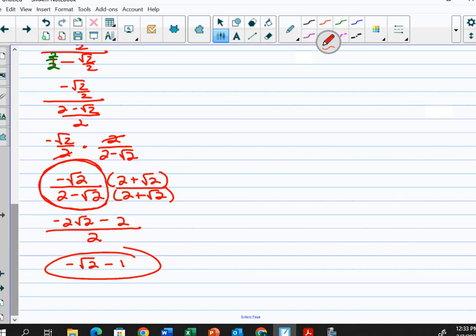I'm going to go through the other ways too. Did anybody use the 1 minus cosine over sine formula? Yeah. I think I did. Okay, I'll go through it. Let me wait a second here though, make sure we're okay.